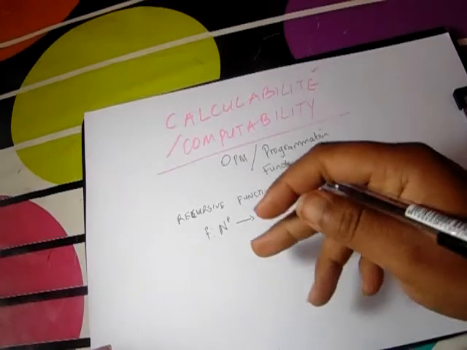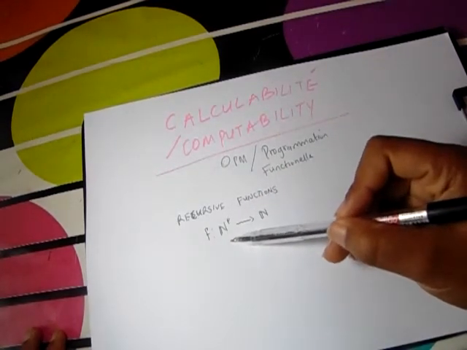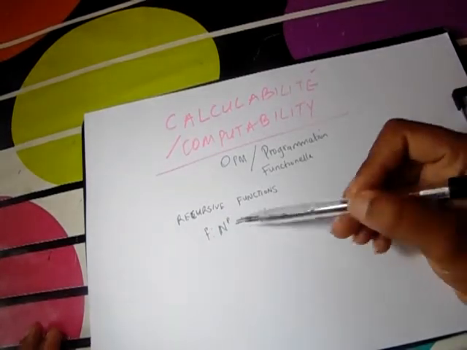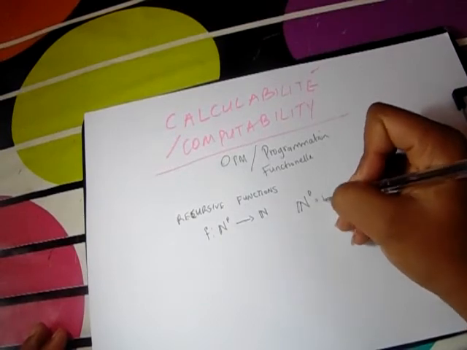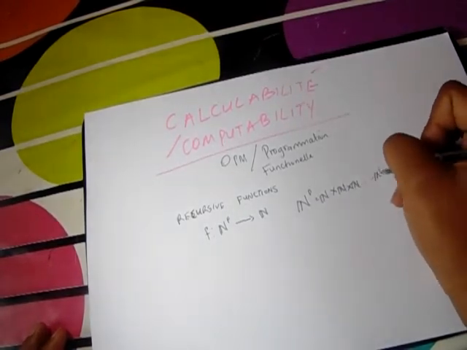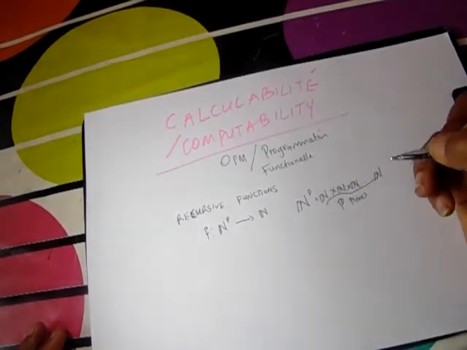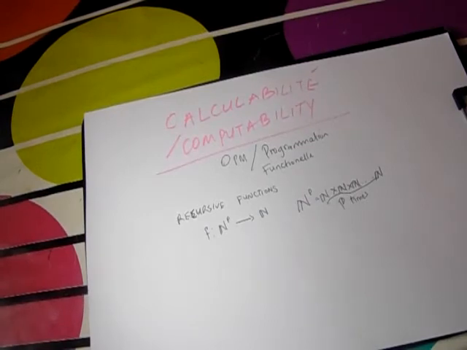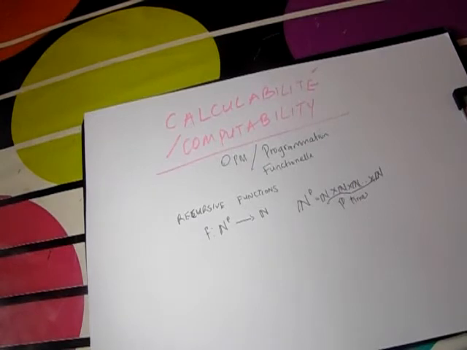When we say n puissance p, that's n raised to the power of p. It means n times n times n, p times. So when you have n raised to the power of 3, you have n times n times n, that's 3 times.